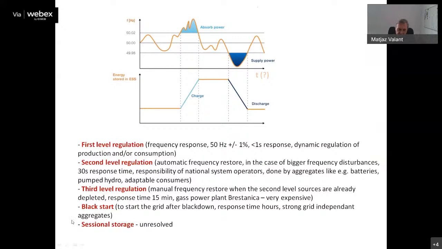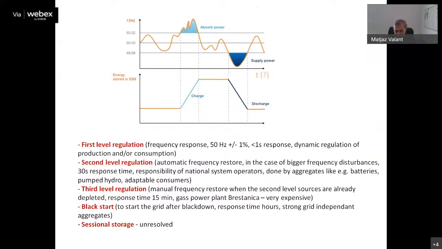But there is one important thing which is still unresolved, and this is seasonal storage. In general, it's valid more for northern countries where we have seasons, not like when you approach the equator.